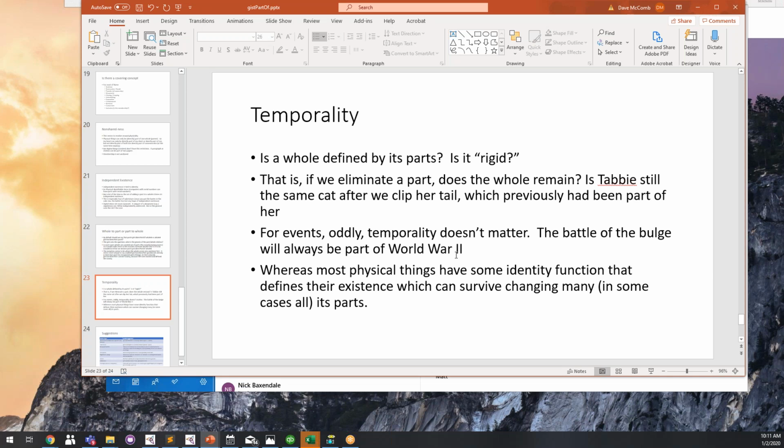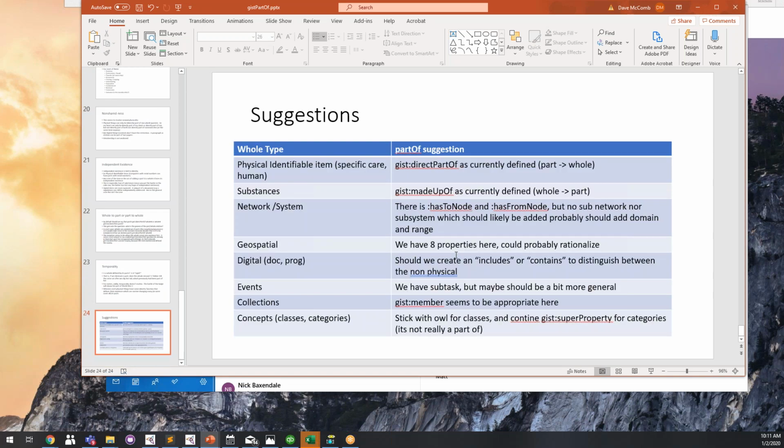I think most physical things have some identity function. Like Tabby has her life and all that kind of stuff, and you can take parts off, and it's still Tabby the cat. Anyway, let's move on to the thrilling conclusion here.